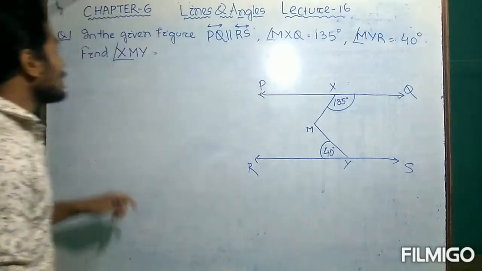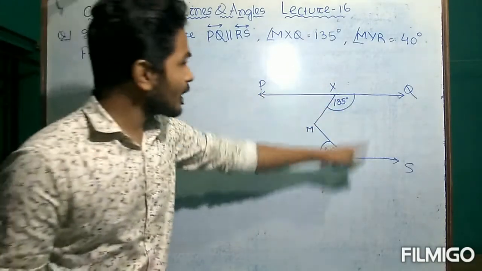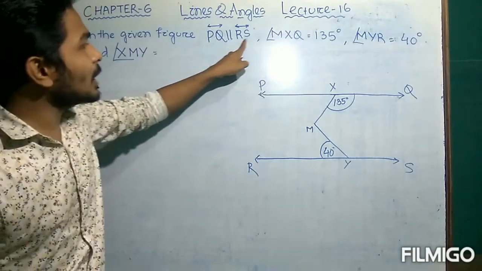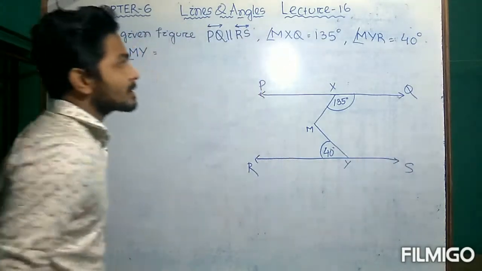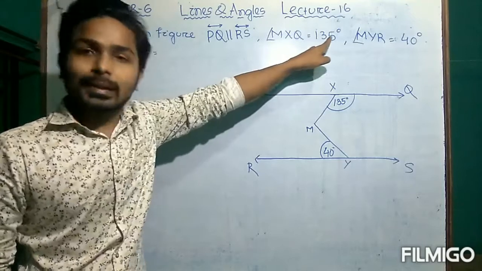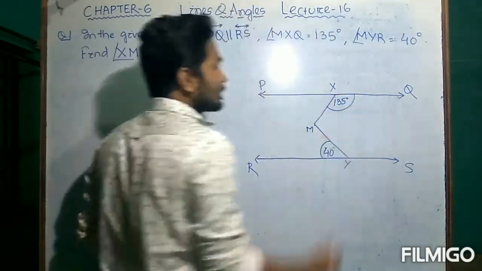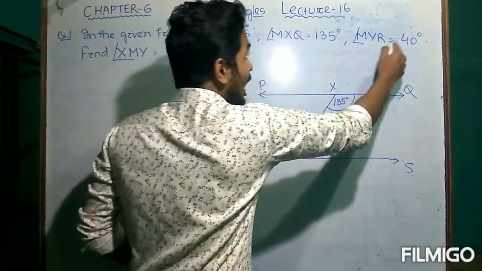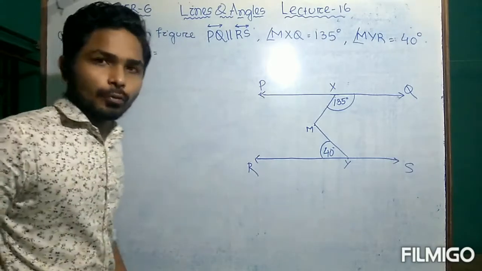In the given figure, PQ is parallel to RS, and angle MXQ is equal to 135 degrees, and angle MYR is equal to 40 degrees.